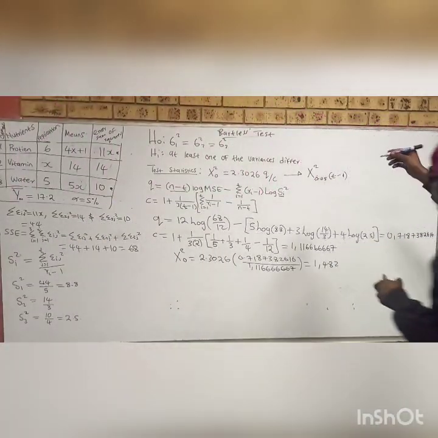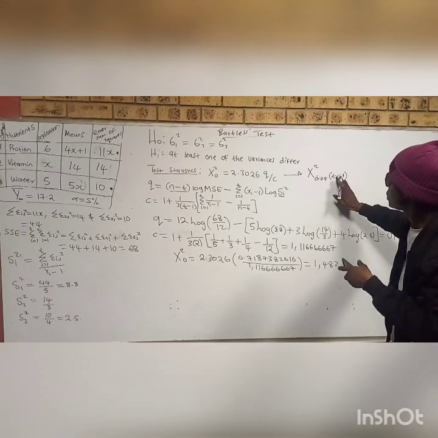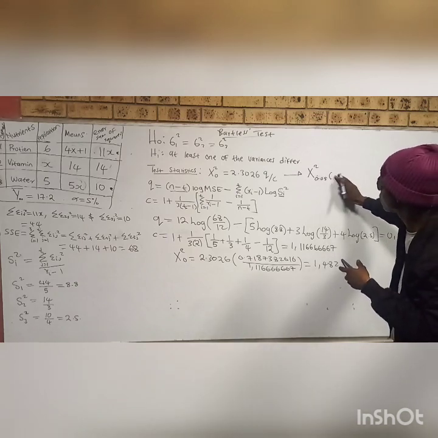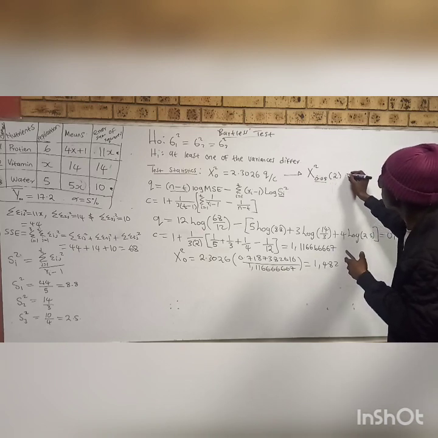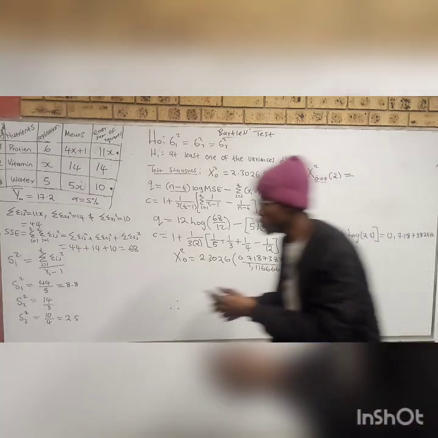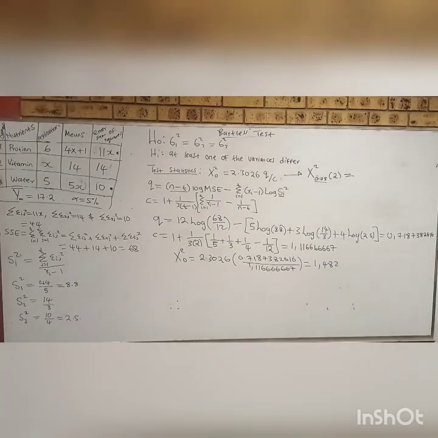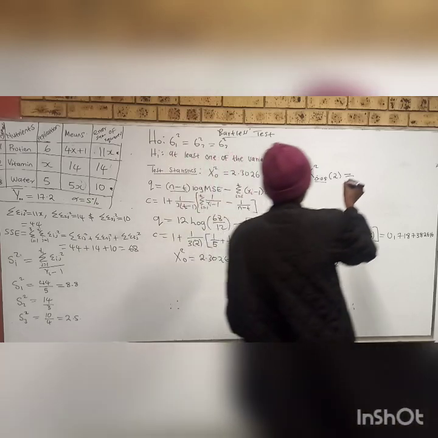And what is our tabulated chi-square at 5% with degrees of freedom 2? If we check from our chi-square table, I'm looking for degrees of freedom 2 at 5%. The value is 5.991.